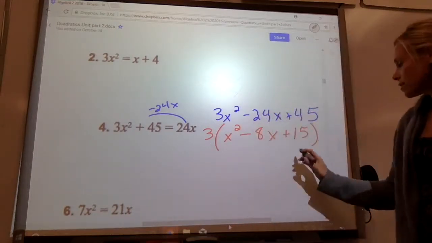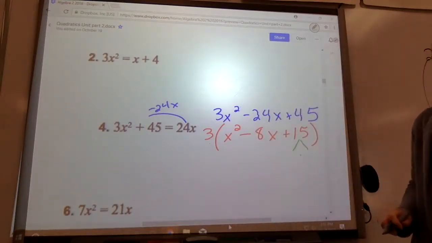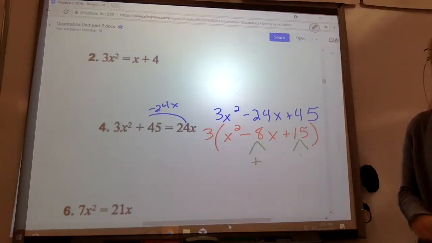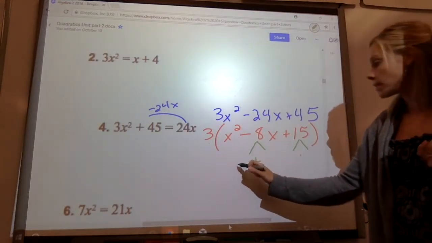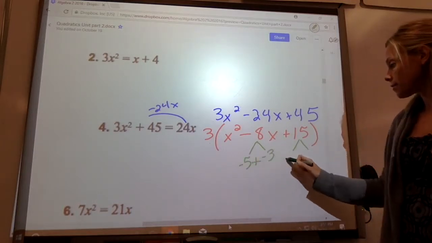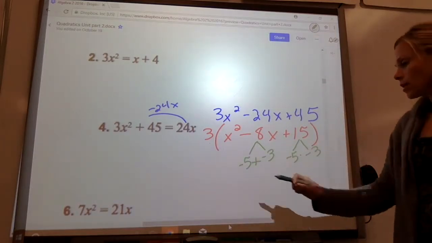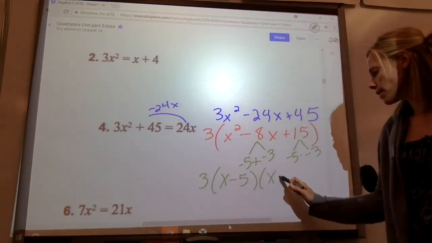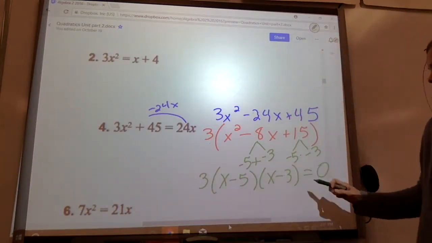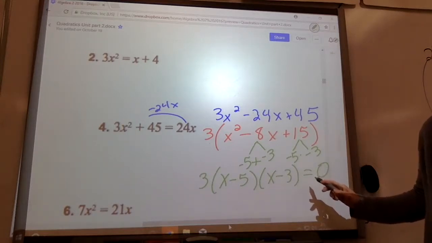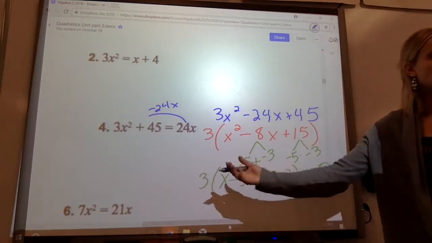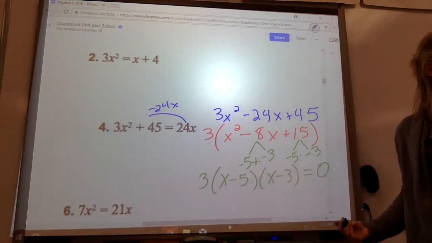So from here, I can say, okay, what do I multiply equals 15, but add equals negative 8? Negative 5 and negative 3. Okay. So I still have the 3 there, but now I have x minus 5, x minus 3, and it's equaling 0. Right? So now I need to think, okay, what x values are going to make this equation equal 0?